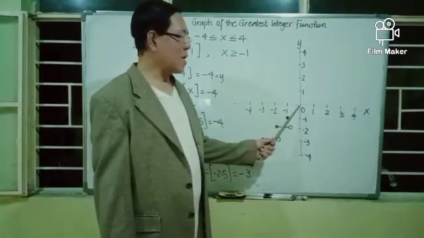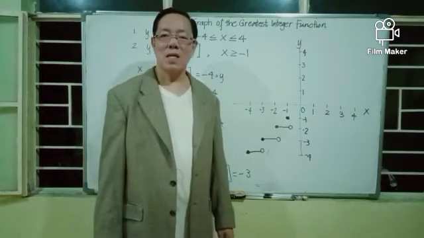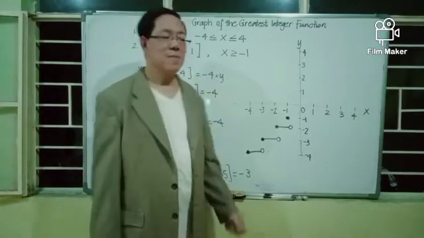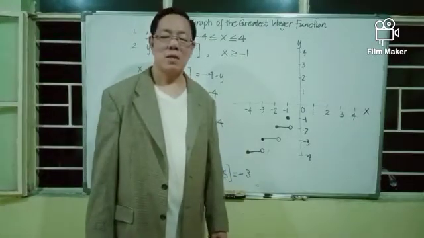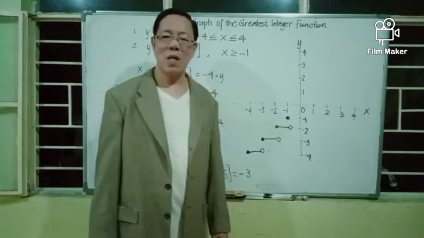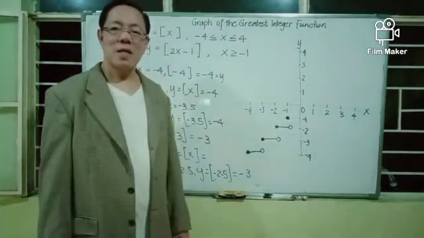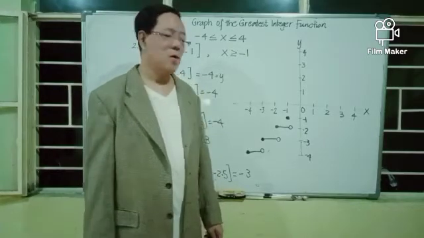If x is negative 0.001, then the value of y is equal to the floor of negative 0.001. And the floor of negative 0.001 is the largest integer that is less than negative 0.001.